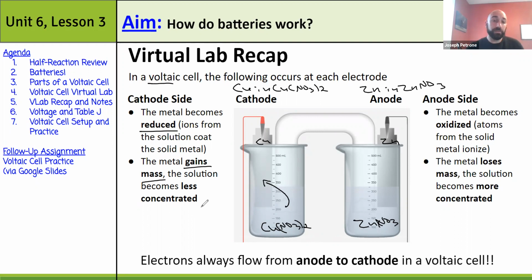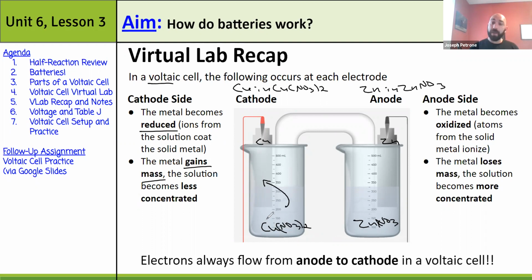And the solution itself, this copper nitrate, becomes less concentrated because now there are fewer copper ions in the solution. So on the cathode side, reduction occurs. Physically, we see that the copper ions transfer themselves onto the copper metal, increasing the mass of the copper metal bar and decreasing the concentration of the solution.